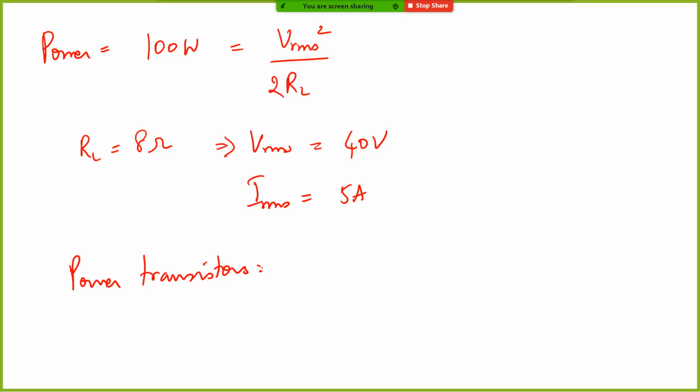There are other power transistors which are much larger and can handle much higher voltages and currents. In case some of you have opened up your audio amplifier or your home theater, or maybe your old cassette players or CD players, you would have seen some of these bigger transistors with a heat sink.